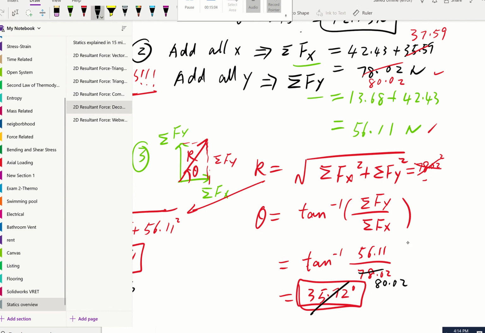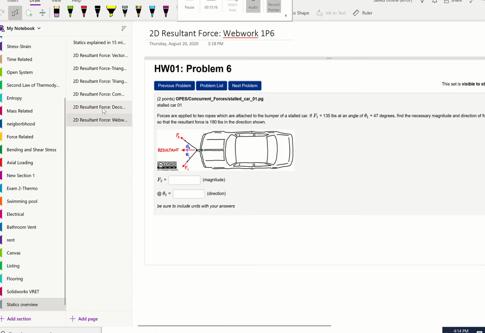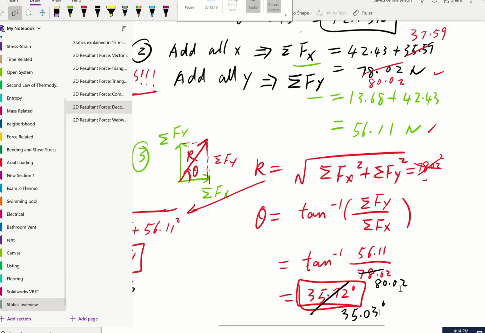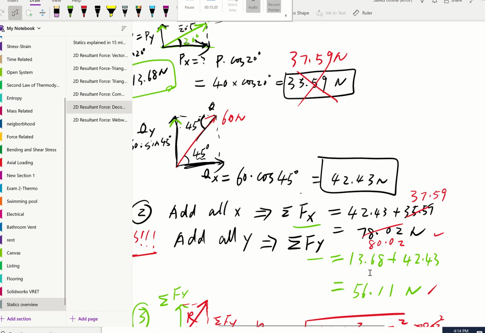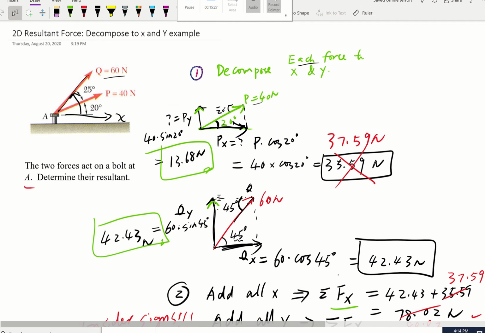Then the answer will be 35.03 degrees approximately, and we can go back to look at that. 35.04, very similar. Okay, so that is going to be for decompose to x and y, the first example we just did.